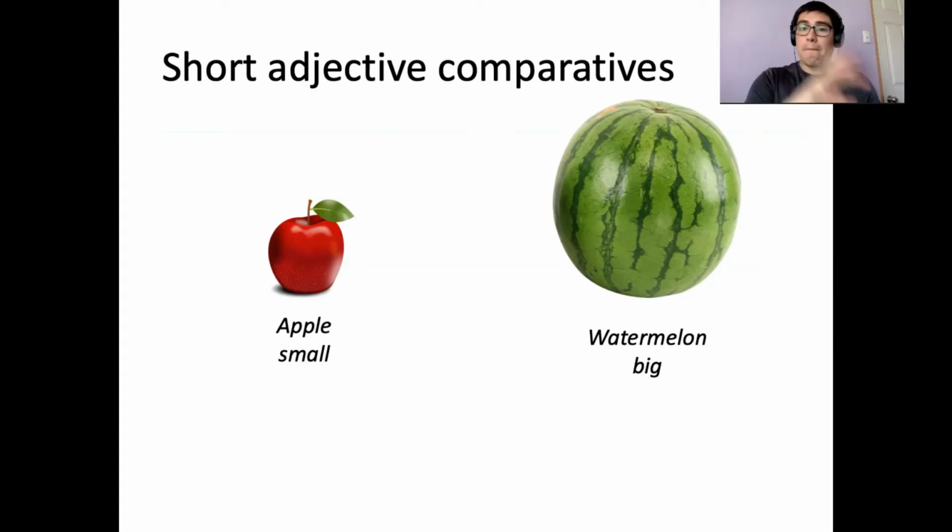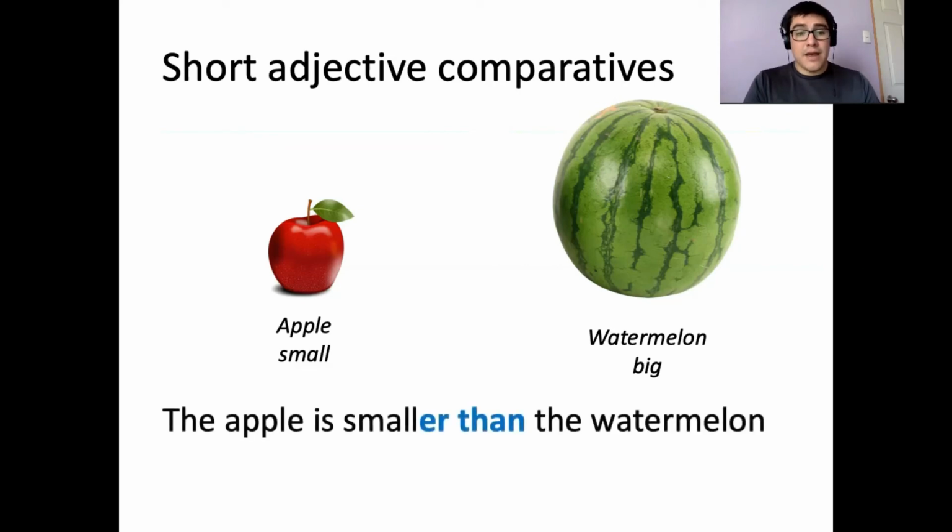How can we compare these two elements? Well, if we want to compare the apple and the watermelon, we can say something like this. The apple is smaller than the watermelon. In the word small, we add ER, smaller.